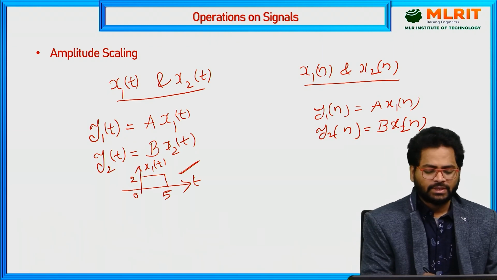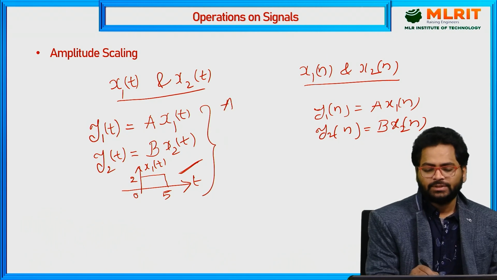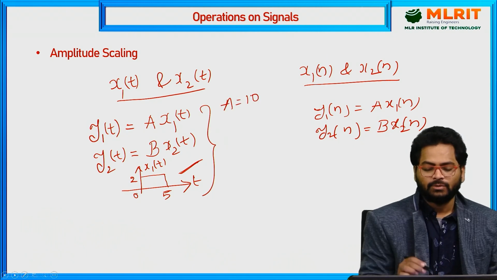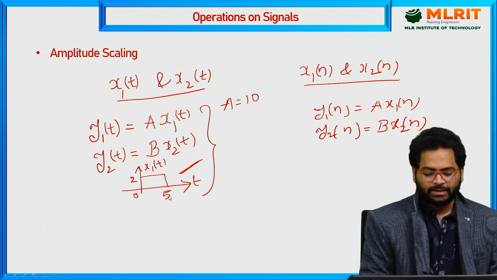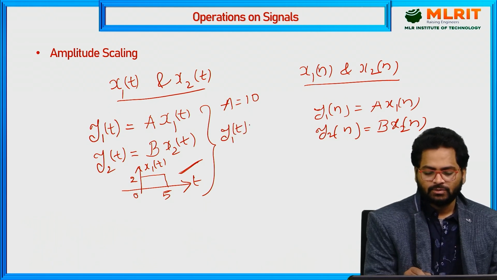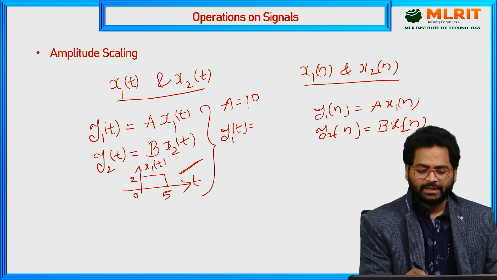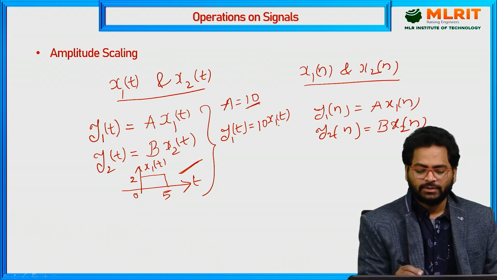If I want to scale this signal by a units, where a equals 10, then I write y1 of t equals a, that is 10, into x1 of t.